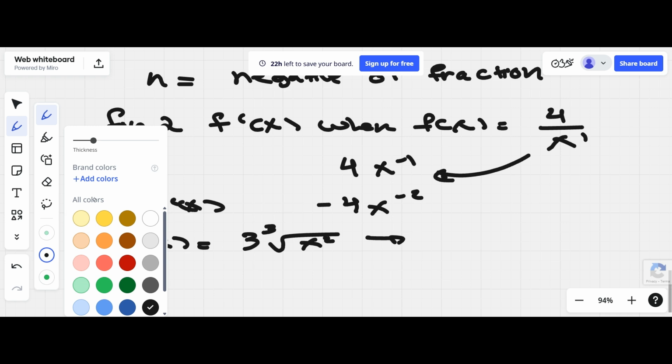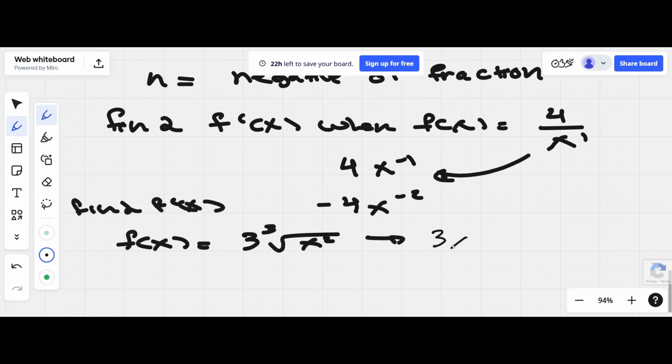Okay, so now we can write this, of course, as 3x. And now here we can use what it is raised to as the numerator and the root as the denominator. So 3 cube root of x squared can be written as 3x to the power of 2 over 3.